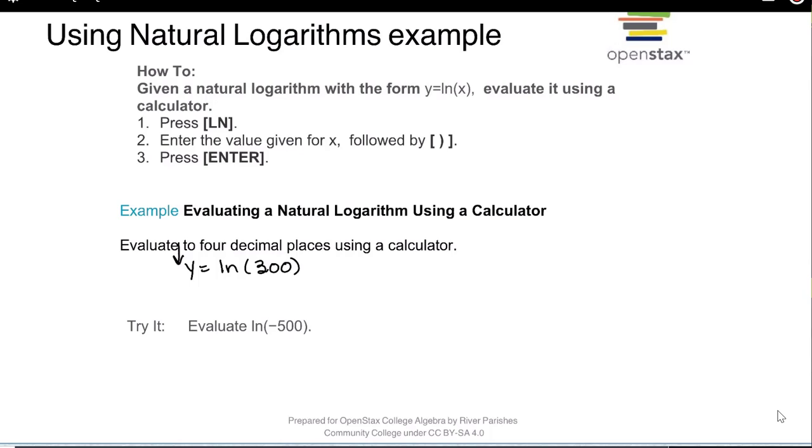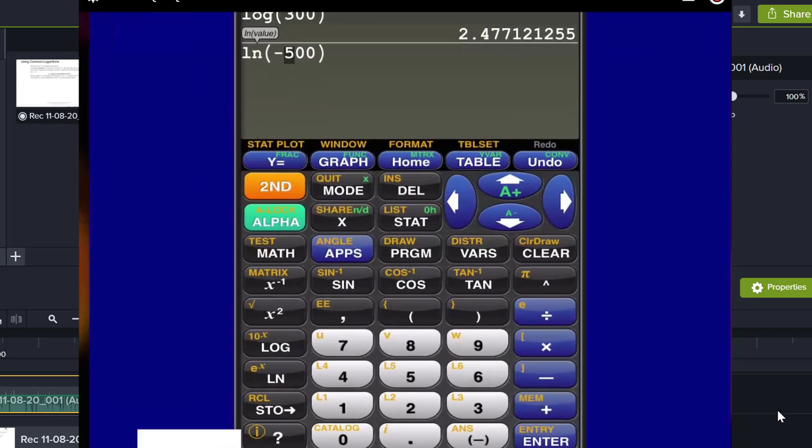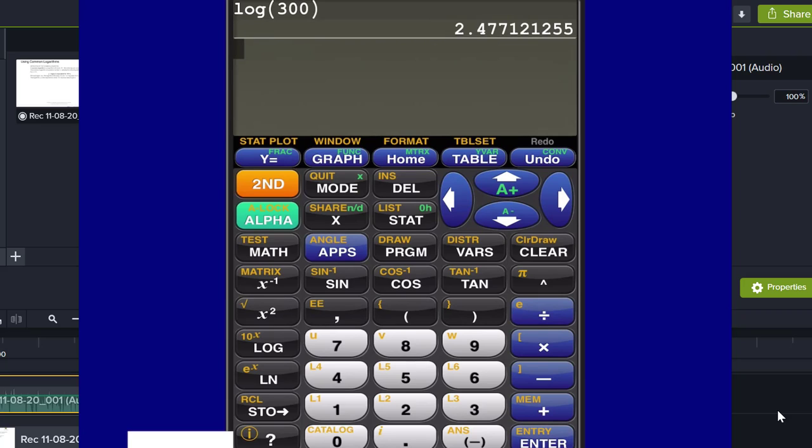It says evaluate y equals ln 300, or the natural log of 300, to 4 decimal places using the calculator. So we just type in ln 300, and that's it. 4 decimal places, 5.70378, so the 8 tells the 7 to become an 8, 5.7038.